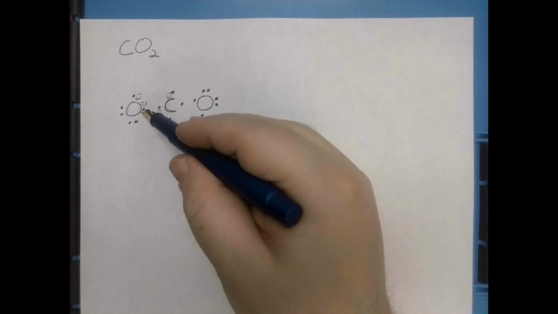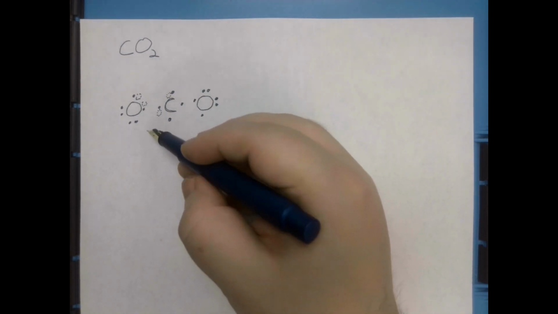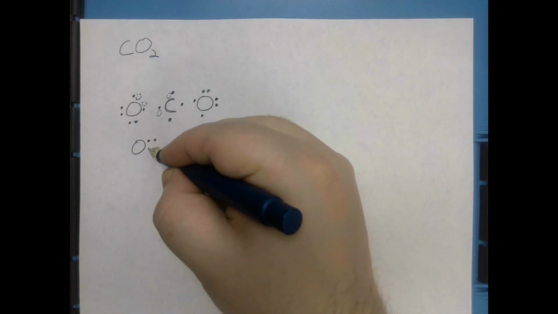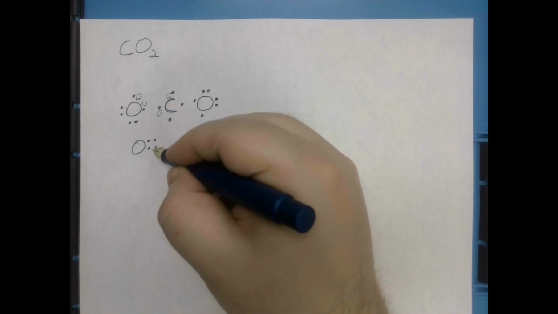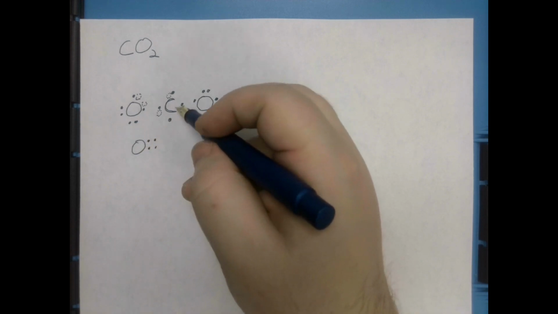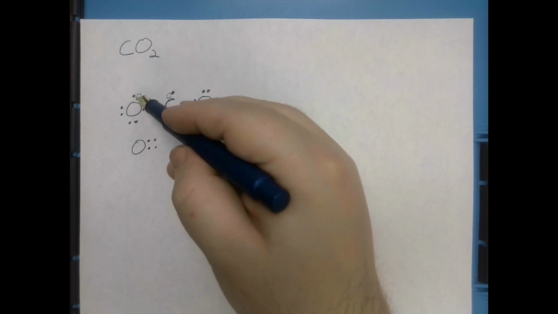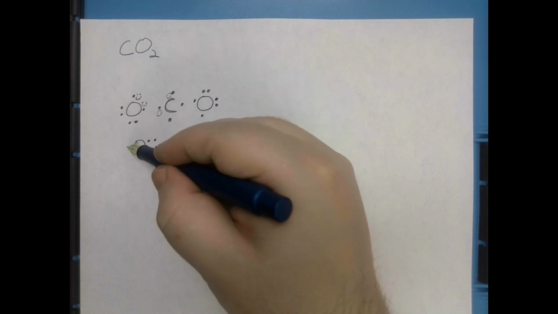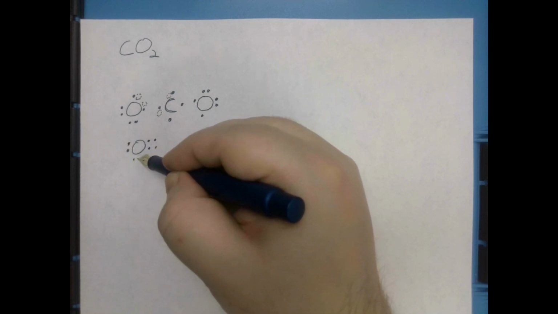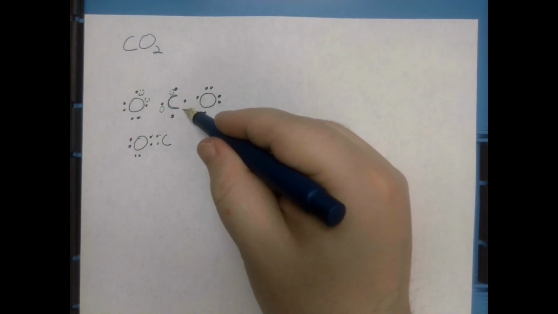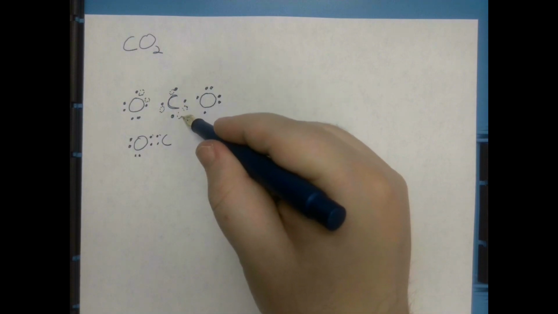If we were to move this around a little bit and pair these up, so that 2 electrons from carbon are shared with oxygen, and 2 electrons from oxygen are shared with the carbon, we make these shared. And likewise over here for this oxygen.